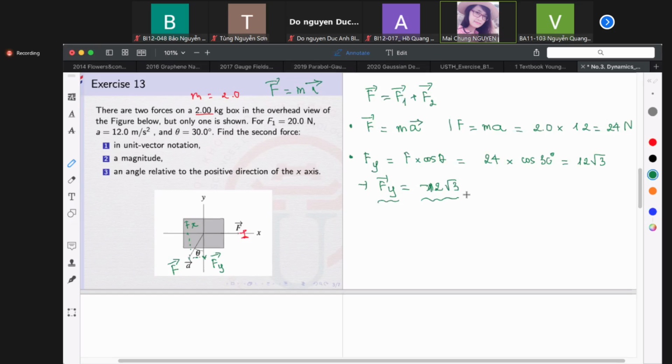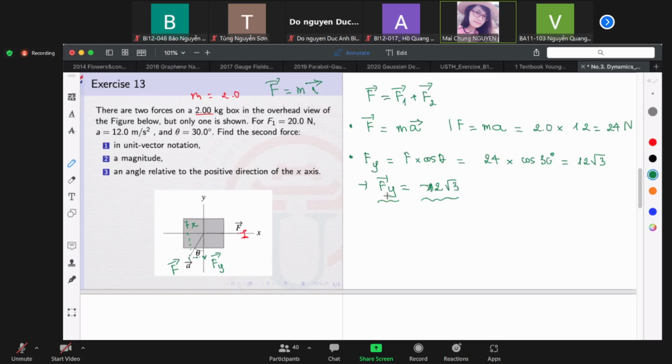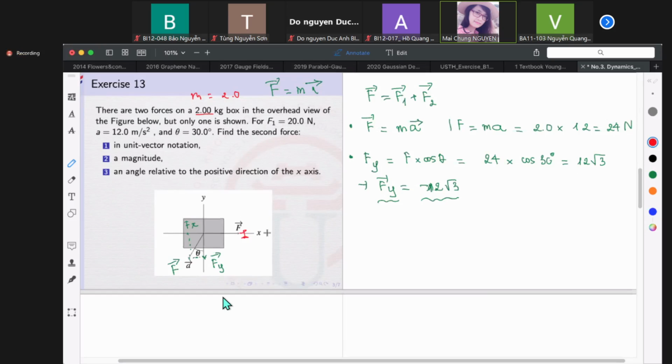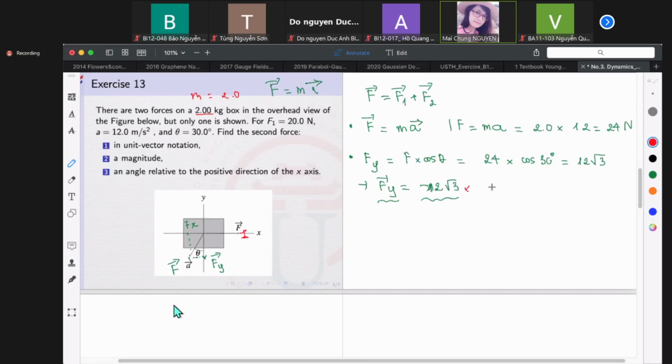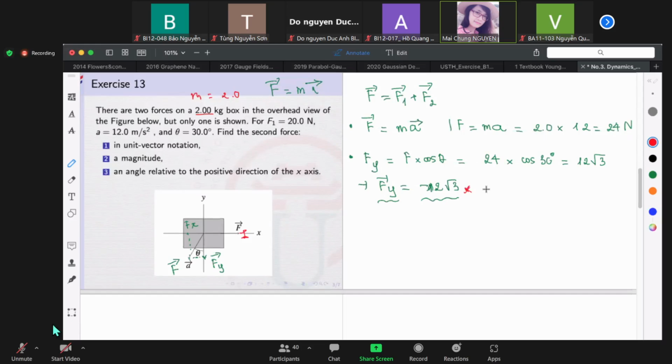So who could help him, please? Who could correct here? How to show the vector Fy? Who knows, please? Fy is along the vertical, right? So it's equal to the magnitude multiplied by the unit vector. So what about the unit vector of the vertical?